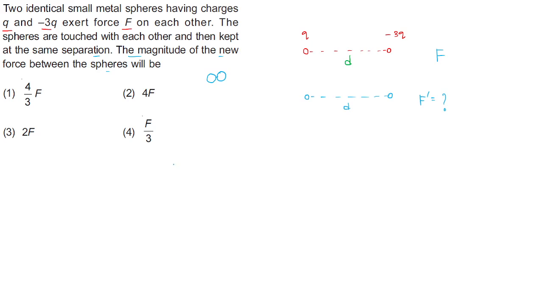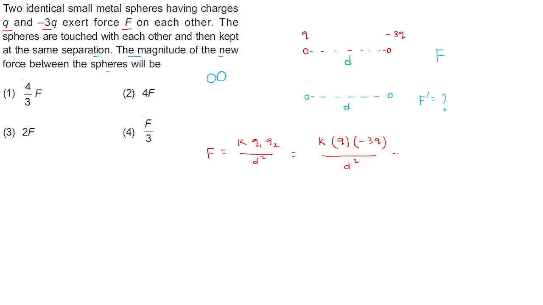So the magnitude of the first force between them is k q1 q2 by d square, which equals k, we write q for q1 and minus 3q for q2, by d square.